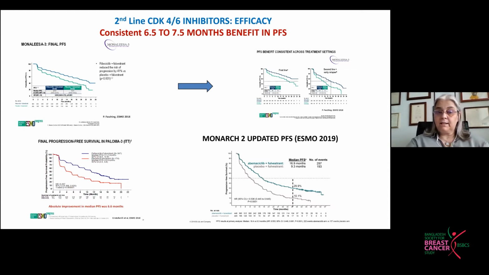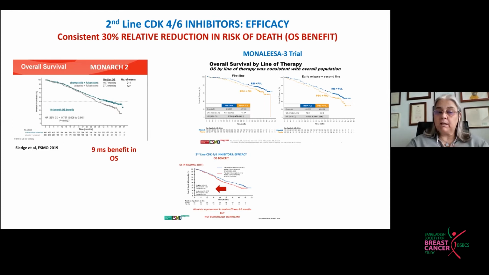And that translates in a benefit of about 9 months in overall survival, which is very important because this disease has a median survival of 3 years. So here you are adding almost an additional year.